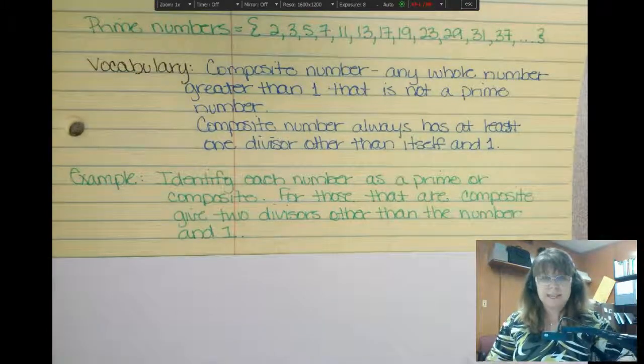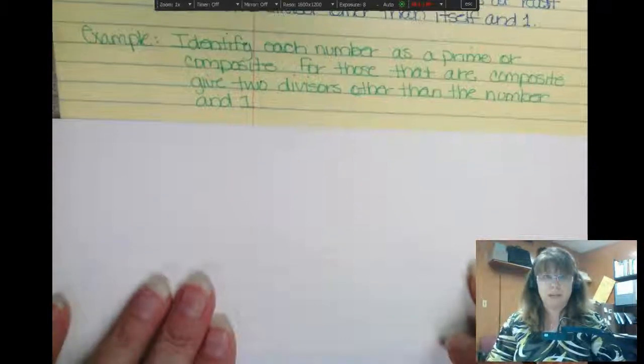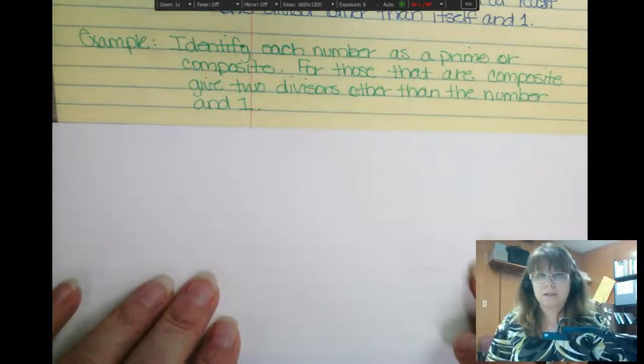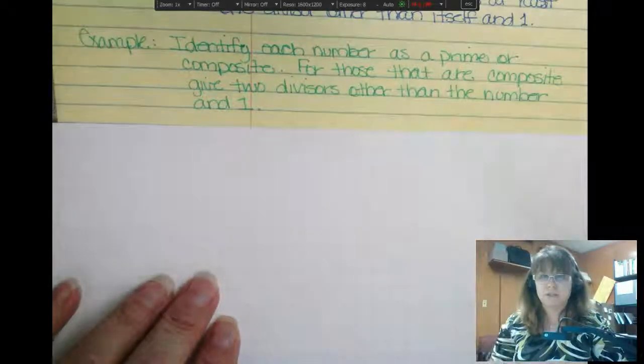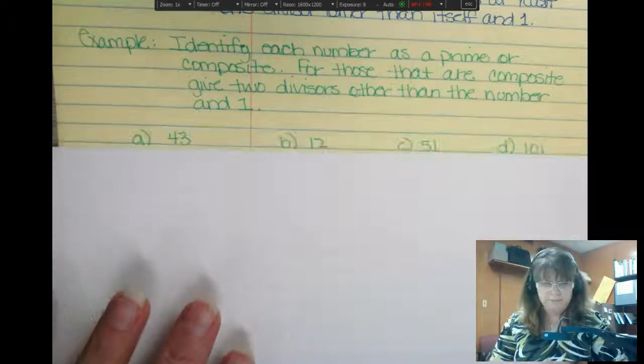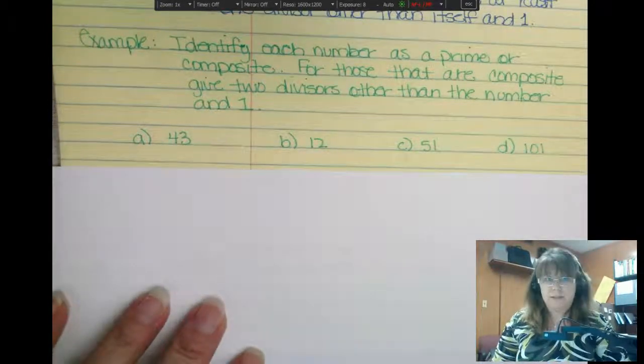So let's take a look at an example, and we want to identify each number as a prime number or a composite number. For the composite numbers, let's give at least two divisors other than the number and 1. 43.